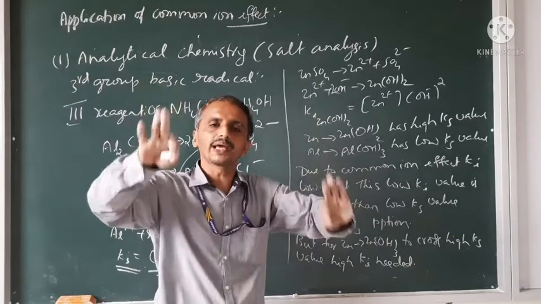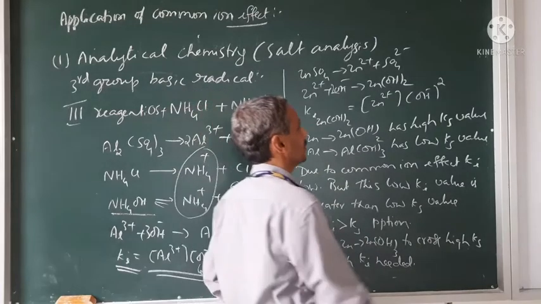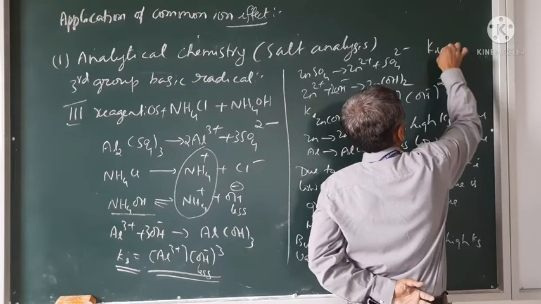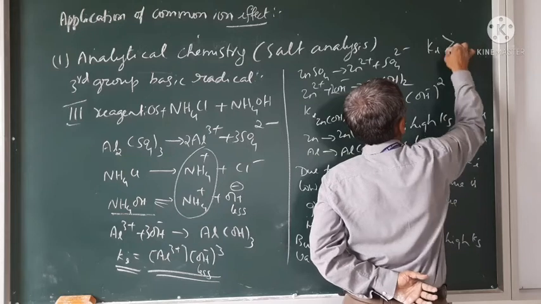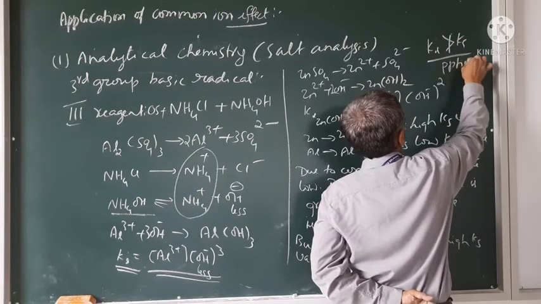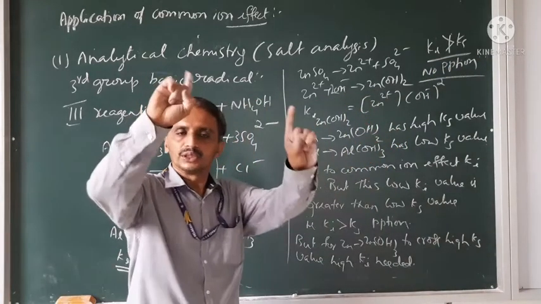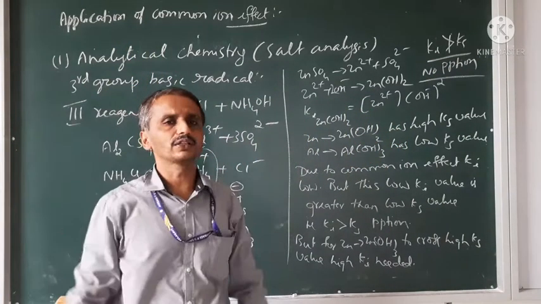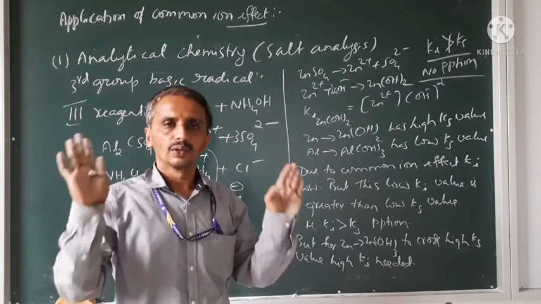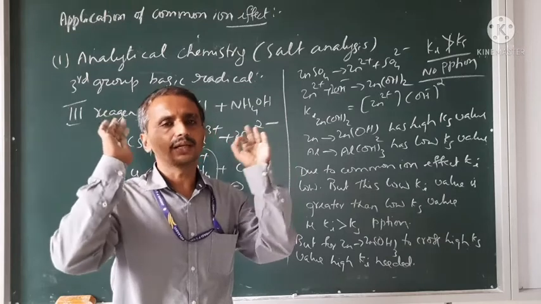In the third group we get only the low Ki value. So Ki cannot cross Ks, and no precipitation occurs. Zinc hydroxide will not precipitate in the third group. So these applications are very important.